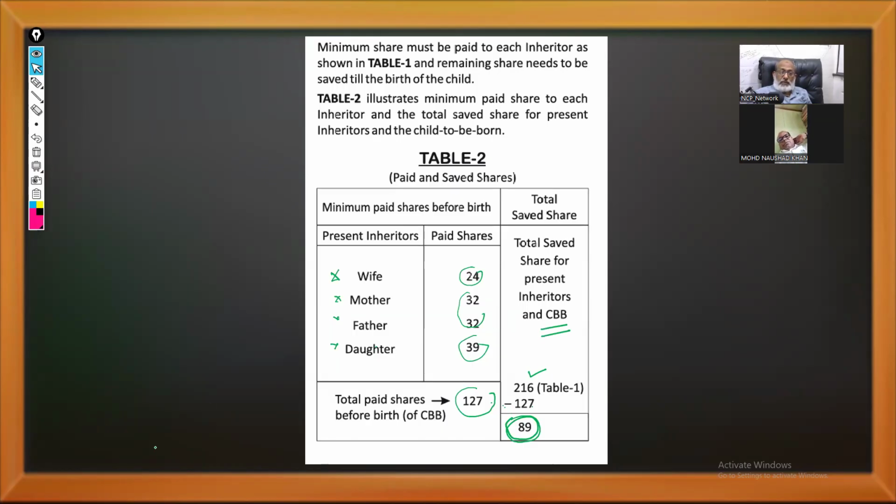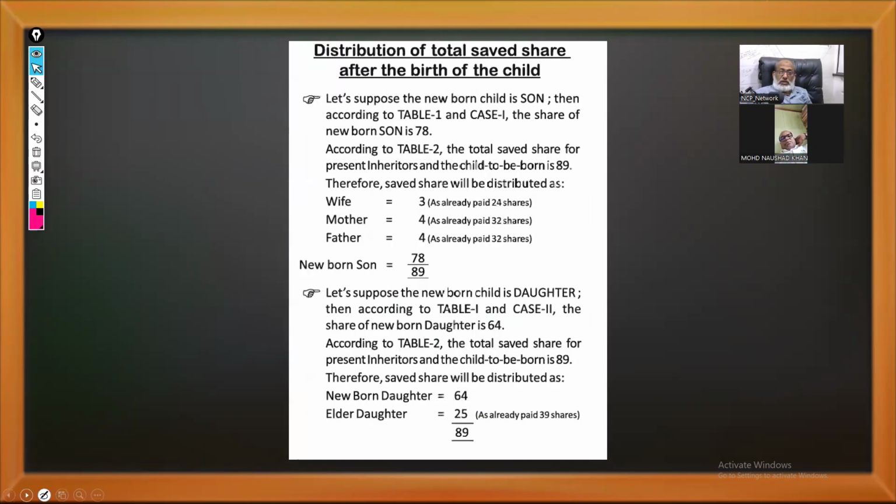So let's suppose after the birth we see that the newborn child is a son. Then according to table 1 and case 1, the share of the son will be 78.